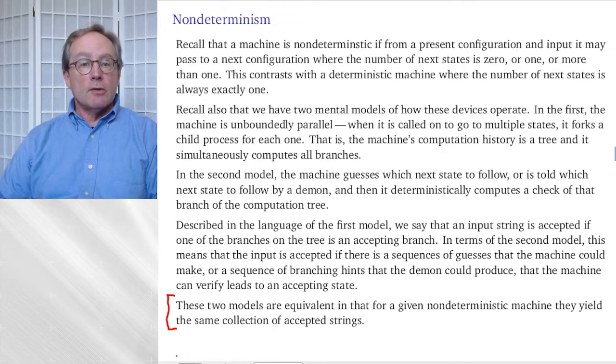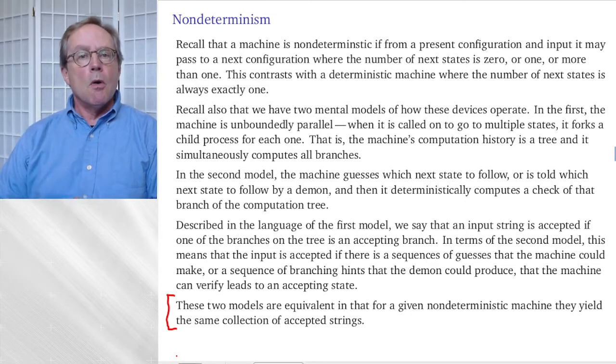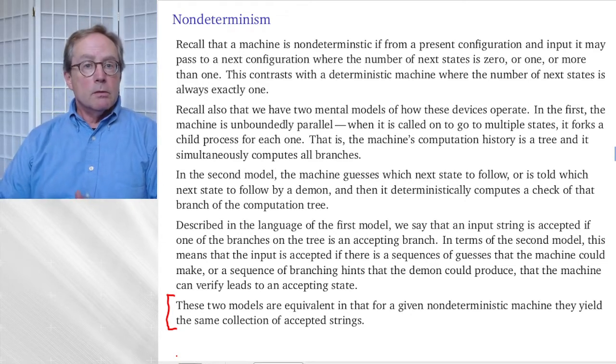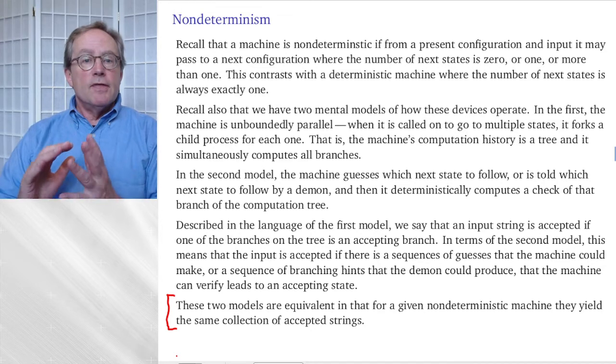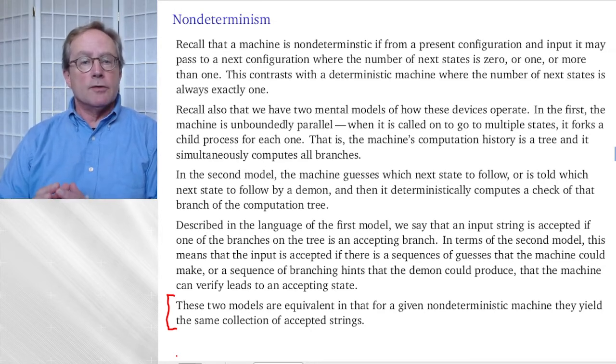In the second mental model, the one that makes people a little bit confused, the guesses mental model, or the demon mental model, we say, if there were a way to guess, not how do I do it, if there were a way to guess, then we would accept.